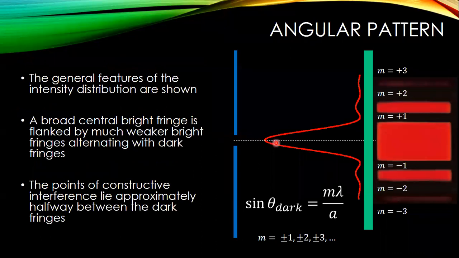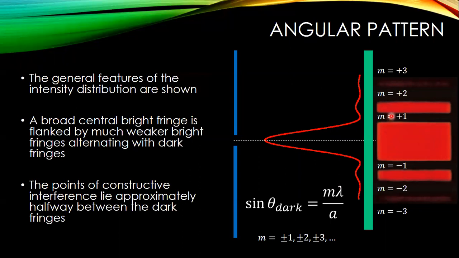So again, looking at this, the sine of the angle of the dark fringes is going to be equal to m lambda over a. Remember, for the first fringes, sine theta was equal to lambda over a. So in this particular case, if I just multiply by some integer m, I will get destructive interference.